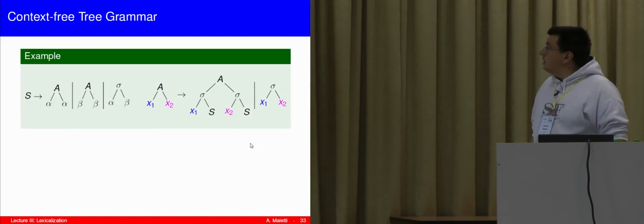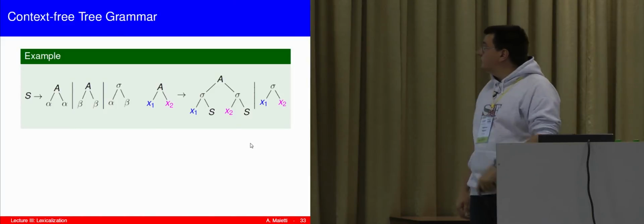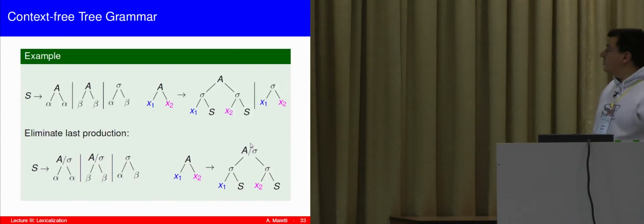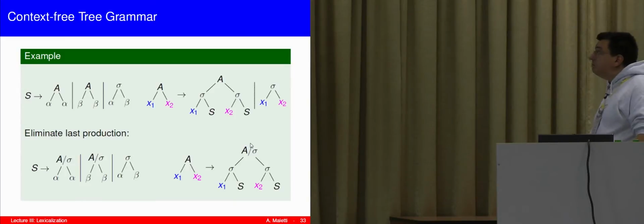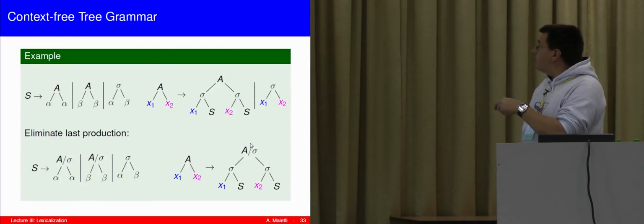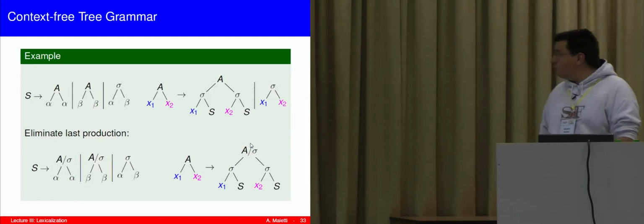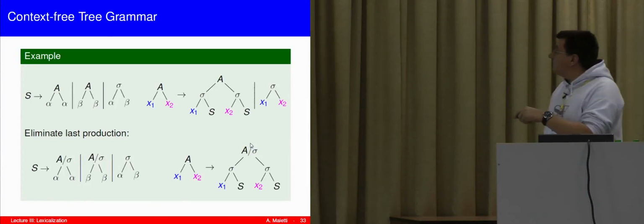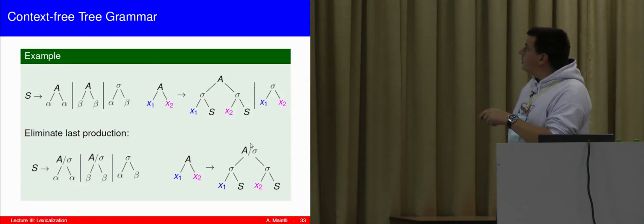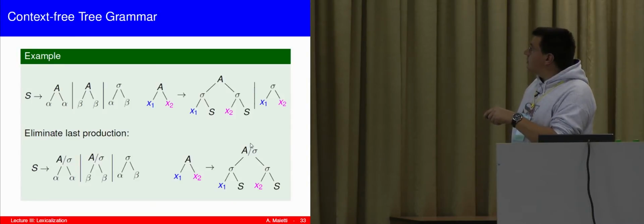Okay, now let's look at this example. This is the grammar we've seen before. Now how would you actually get to this growing mechanism? Well, somehow this grammar, this rule here, the last production, this A x1 to x2 goes to sigma x, x1, x2. That is, of course, the problem. And you substitute this one into all the A productions, so to say. So here, you could trigger this production at this point.